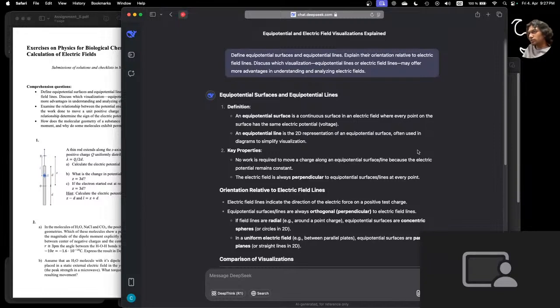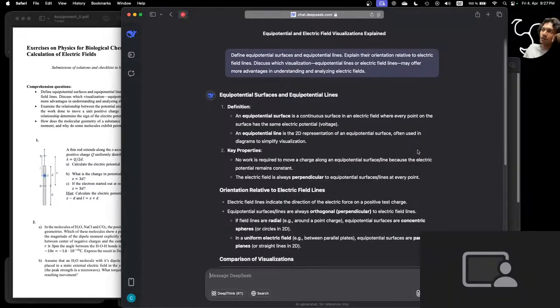An equipotential line is a 2D representation of it. Okay. So, same electric potential.